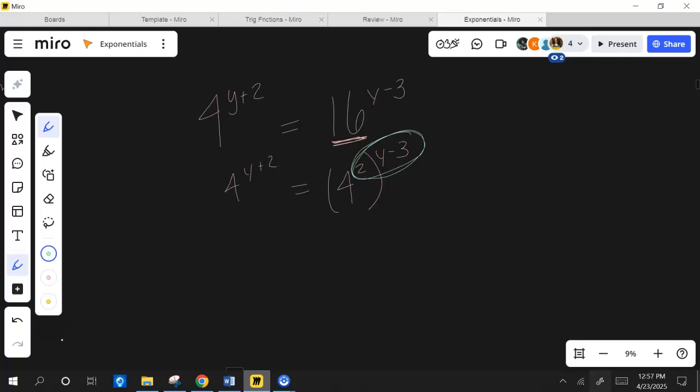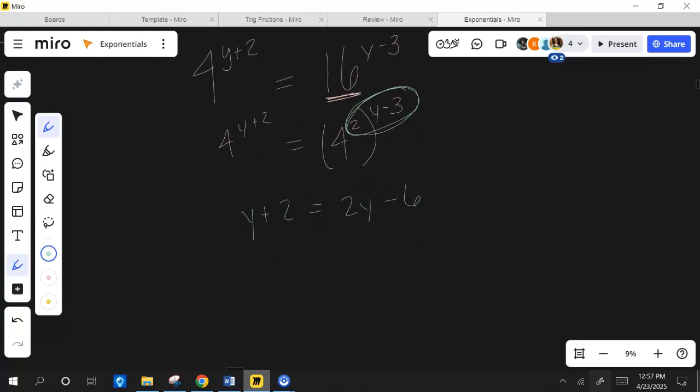So be careful. So it's going to be y plus 2 equals 2y minus 6, exactly. So now you can go through and solve it, right? 2 equals y minus 6, so y equals 8.